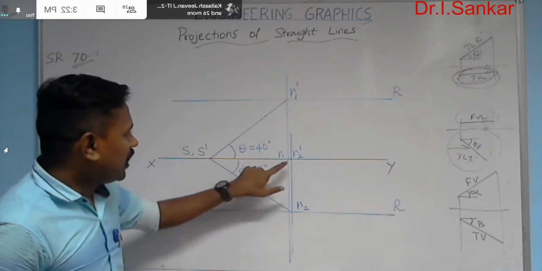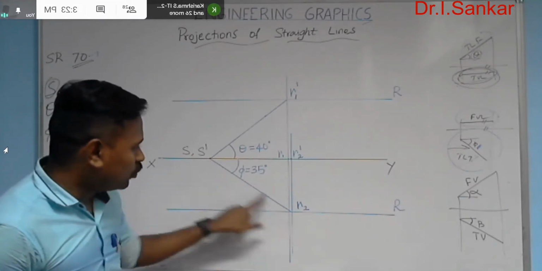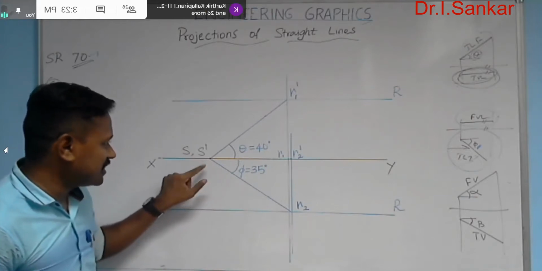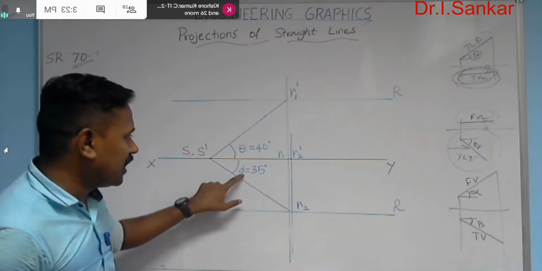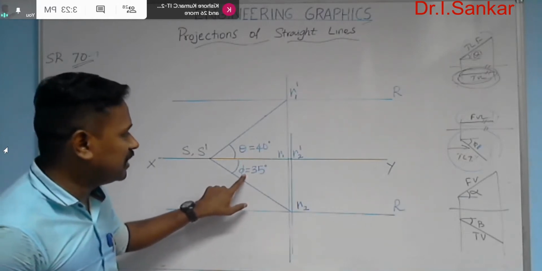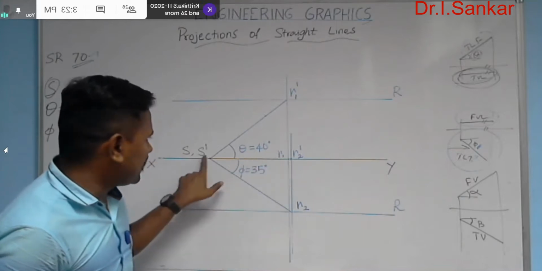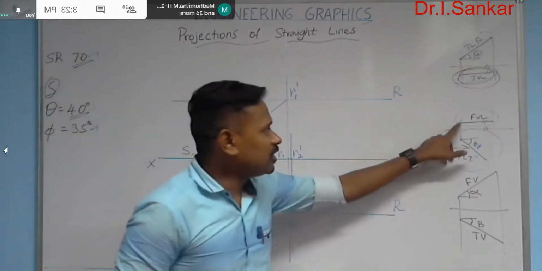And true length in top view is SR2. This point is S and S dash. SR2 is true length in top view TLT along with the inclination phi 35 degree, and S dash R2 dash is the front view length.